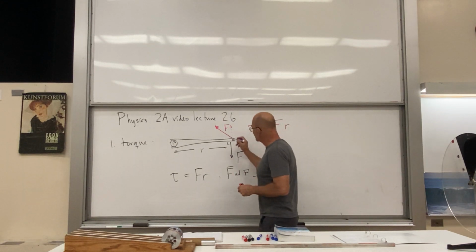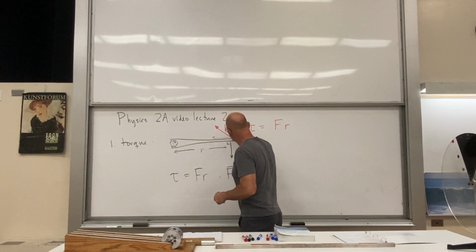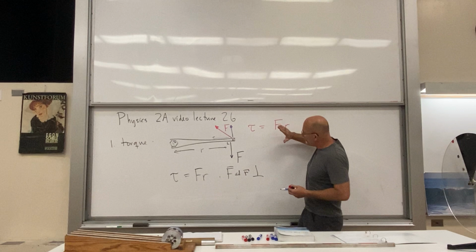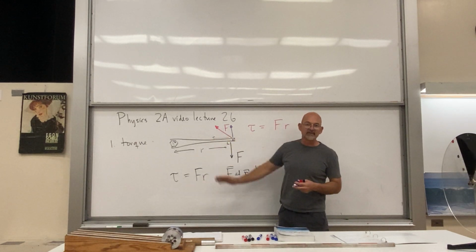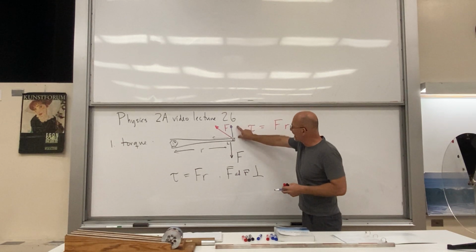For example, if I decompose this vector into a parallel and a perpendicular component like this, the parallel component would just be pushing on the end of the wrench. That's not going to loosen or tighten that bolt there. Okay. So the torque is obtained from the perpendicular component.